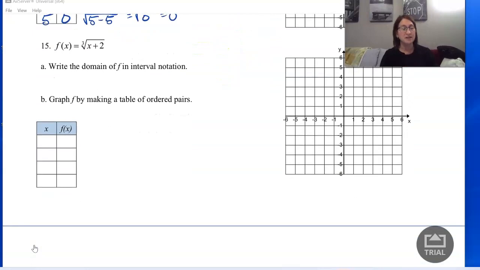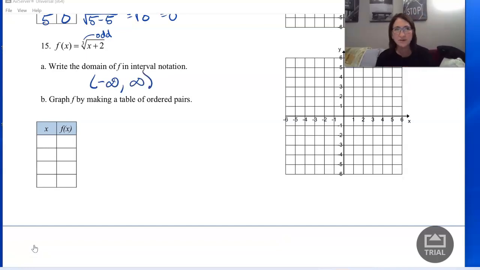So for 15, we're looking at a cube root of x plus 2. Because we have an odd index, our domain is all real numbers. So negative infinity to positive infinity.